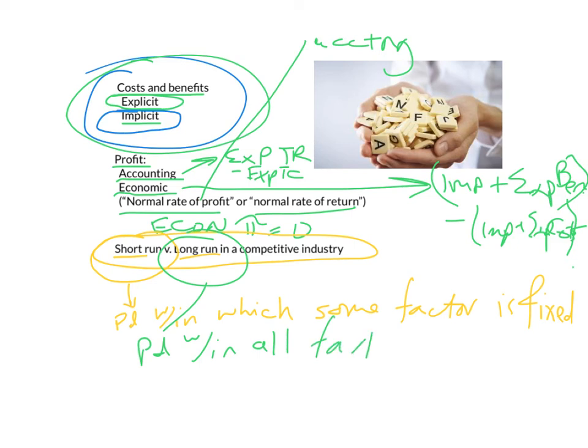And what we've seen, in particular in the chapter on long run movements of resources among competitive industries, competitive firms among competitive industries, is that in the short run, there might be supernormal profits, there might be losses, but in the long run, firms are going to leave losing sectors and enter the sectors that are gaining more than normal.